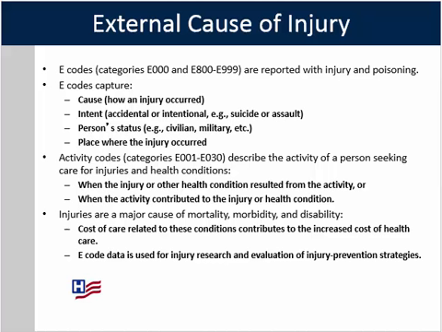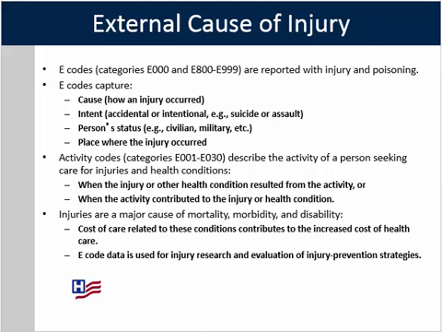In the case of a person who seeks care for an injury or other health condition that resulted from an activity, or when an activity contributed to the injury or condition, activity codes E001 to E030 are used to describe the activity. This will make more sense as you complete the practice exercises and look through this section on E-codes.